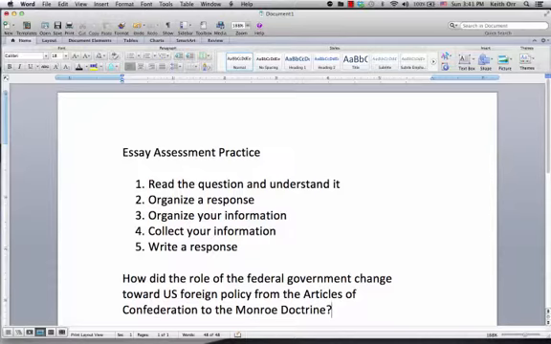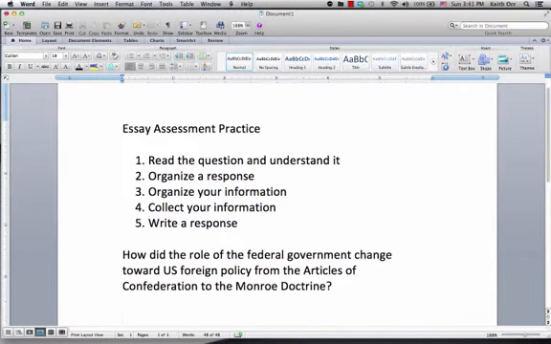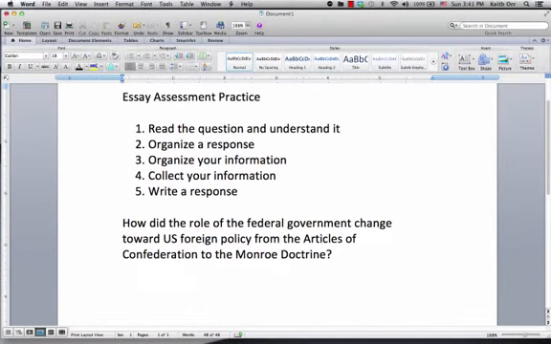So I will show you a way to organize and write a successful response, one that's maybe not perfect, but pretty good. And then it'll be your turn.